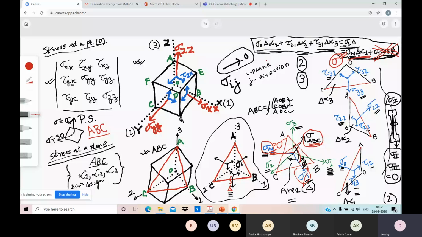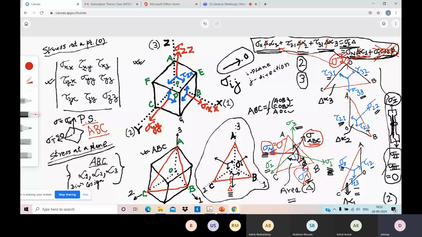So the expression can be simplified for principal stress as sigma 1 delta alpha 1 plus tau 2 delta alpha 2 plus tau 3 delta alpha 3 equal to sigma delta alpha 1. What can I do? From that, I can cancel the delta values. And since sigma n alpha 1 is now sigma alpha 1, I can bring it to this side.